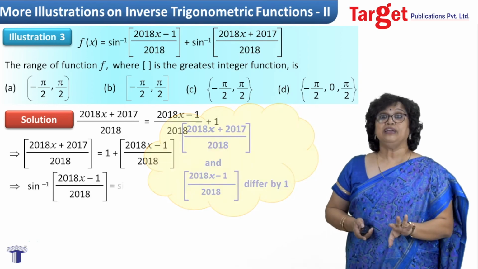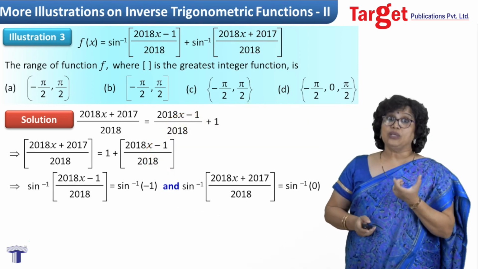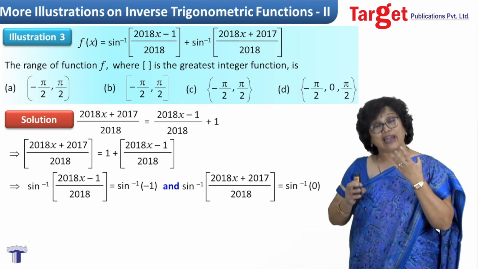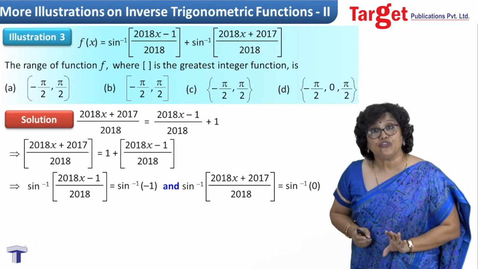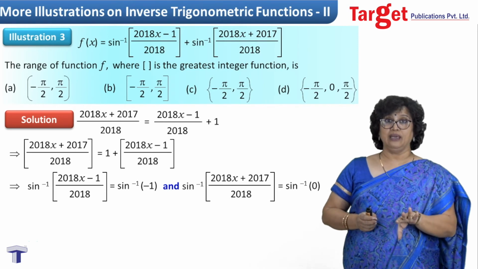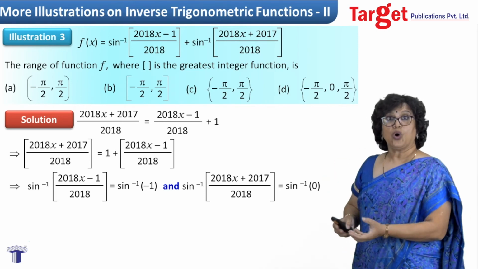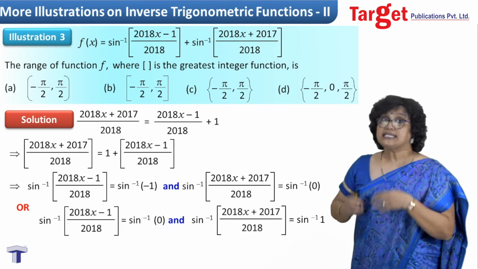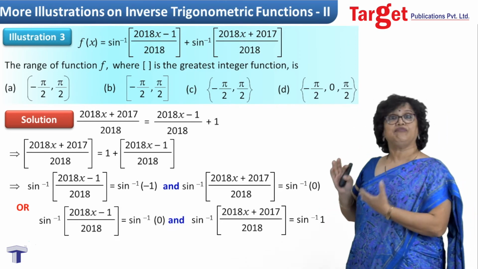Because of this, f(x) can be of the form sine inverse of minus 1 plus sine inverse of 0, or the second option could be that I write f(x) as sine inverse of 0 plus sine inverse of 1.